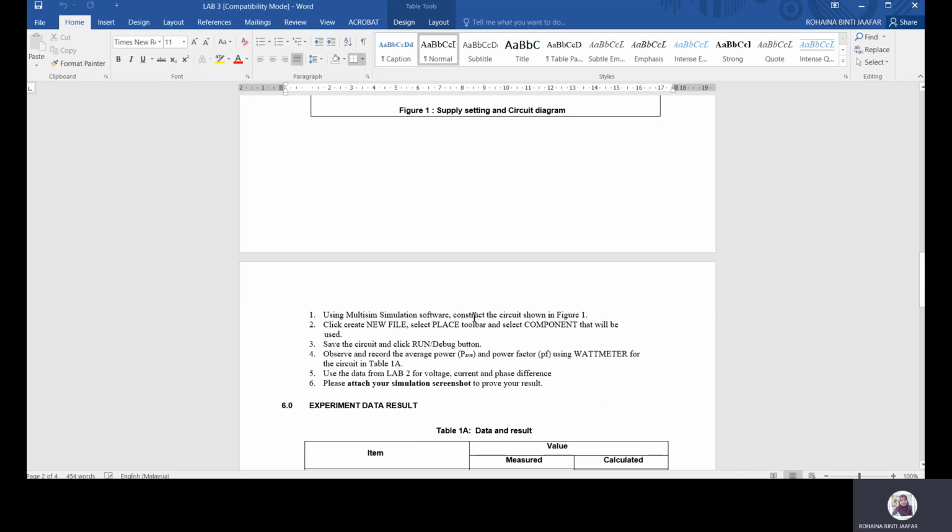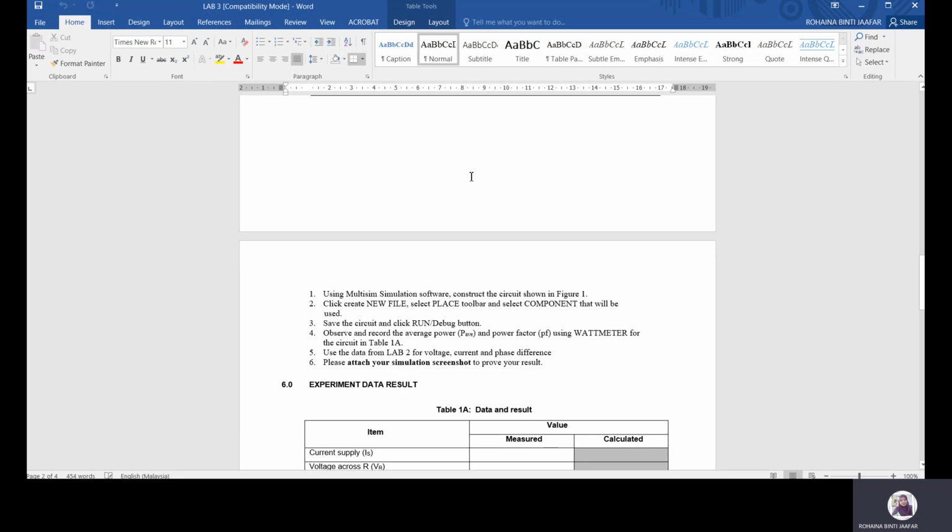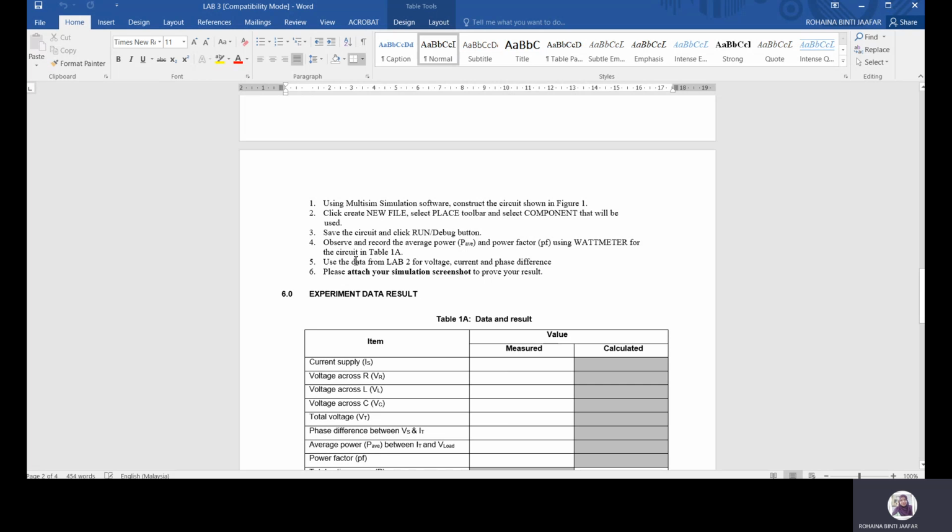Using Multisim software, construct the circuit shown in figure 1. You already constructed it in your lab 2, and then run the simulation.